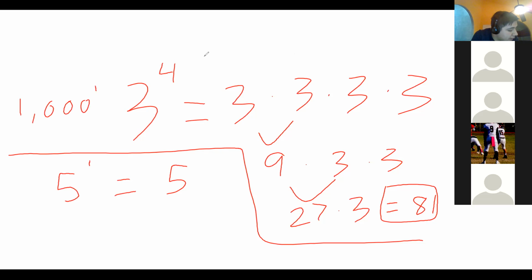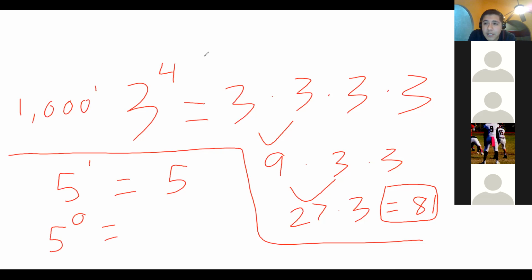And another big rule we should have learned in algebra, and we're going to continue to use in algebra 2: 5 to the power of 0. When something is to the power of 0, doesn't that mean 0?